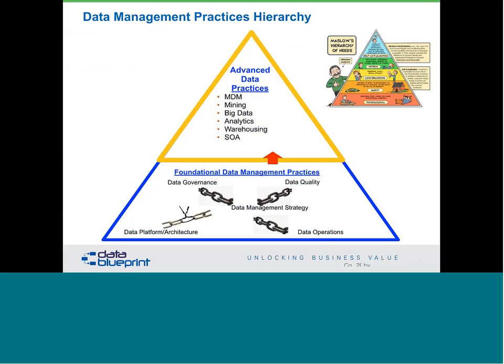In this case, I'm showing something like a paperclip holding together a chain that is clearly not as strong as the other 4 chains, which means that it doesn't matter how good the data governance practice, the data quality practice, the data management strategy, and the data operations are, this particular organization has a weak data management platform and architecture. And therefore, the advanced practices can only be as strong as the weakest link in this chain. So it gives organizations a good idea where to go and how to move towards this.